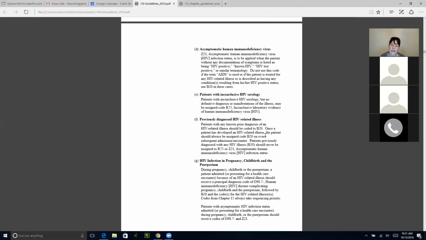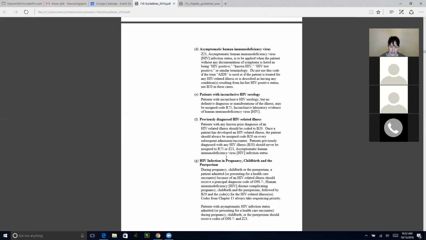Patients previously diagnosed with any HIV illness, B20, should never be assigned R75 or Z21, asymptomatic human immunodeficiency virus infection status. So once you have any condition resulting from your HIV infection, or if you've ever had AIDS documented in the medical record, you'll never be that Z code again or that R code either.